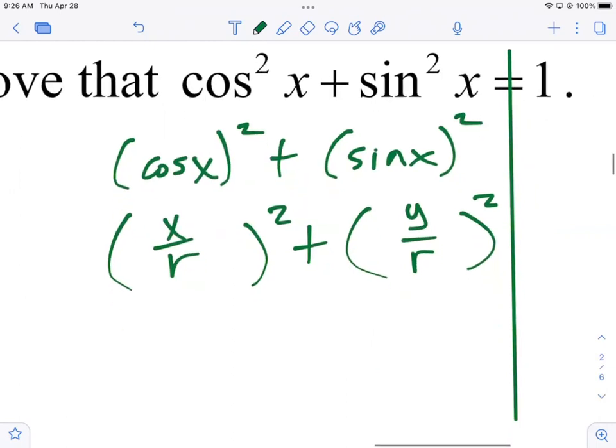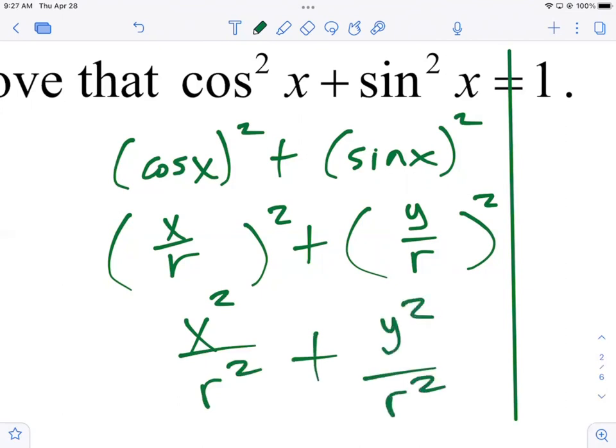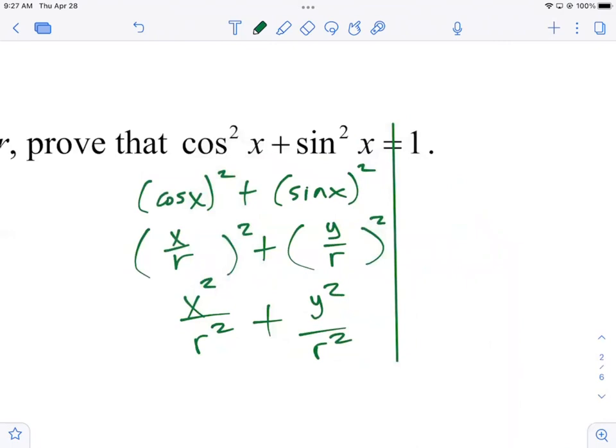All right, now we're going to use the rule of exponents from earlier in the year. X over r quantity squared is the same as x squared over r squared. And y over r quantity squared is y squared over r squared. Now here's time for another strategy. When you're starting on the left side, the right side becomes your target.